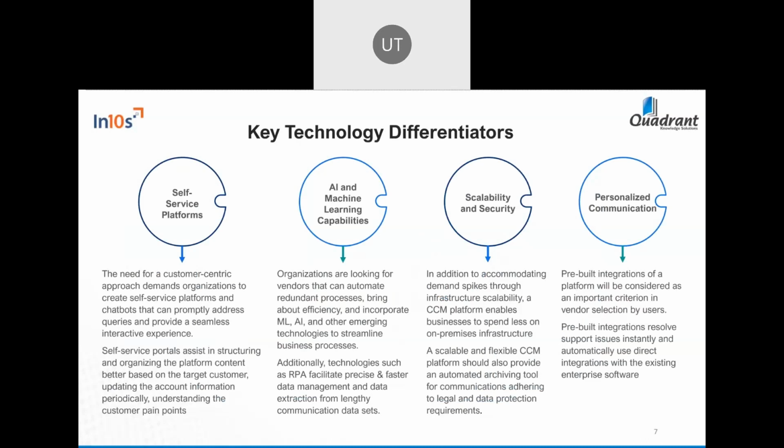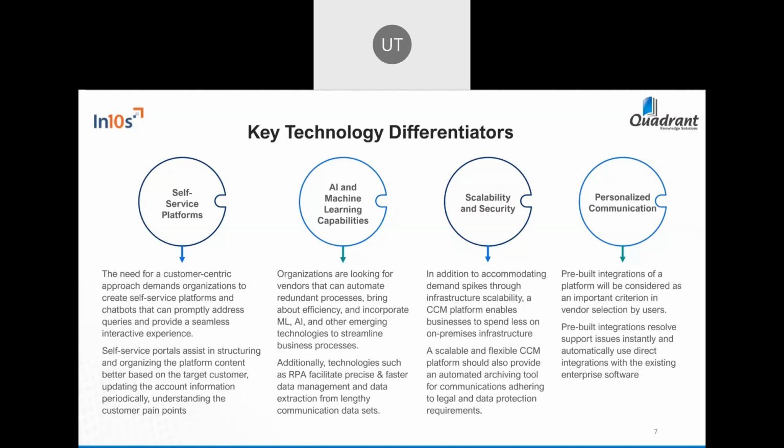So for example, self-service portals, they assist in structuring and organizing the platform content better based on the target customer. AI/ML, I don't have to talk much about it, but I will still say that organizations are now looking for vendors that can automate redundant processes, bring about efficiency, hence there's the need for the AI/ML capability. Scalability and flexibility are very much needed when it comes to the technology.